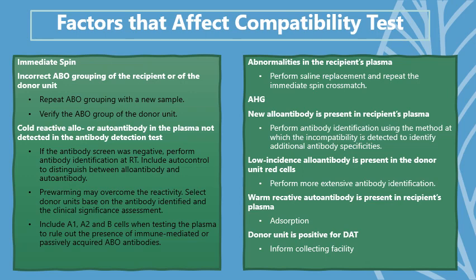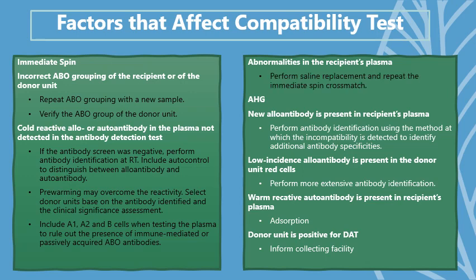The resolution for this is to perform saline replacement and repeat the immediate spin crossmatch. The saline replacement technique involves removing the plasma from the immediate spin crossmatch and replacing it with saline. Usually, rouleaux will disappear while true agglutination will not.